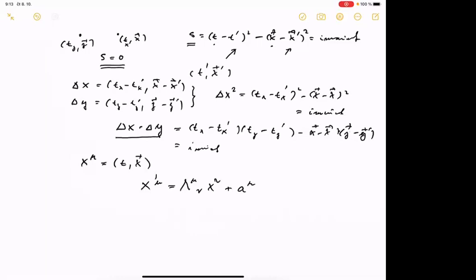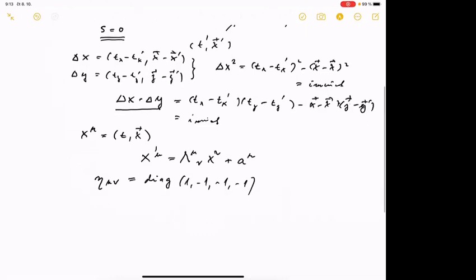This is the most general linear transformation, and we see that provided we introduce the space-time metric, the Minkowski metric, as the diagonal matrix 1, minus 1, minus 1, minus 1, we can write this scalar product delta x times delta y as eta mu nu delta x mu delta y nu, with obvious definitions of what these components of delta x and delta y are.